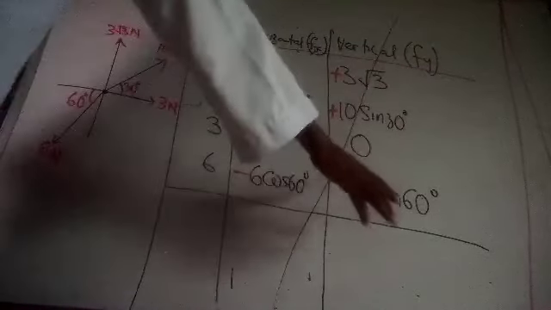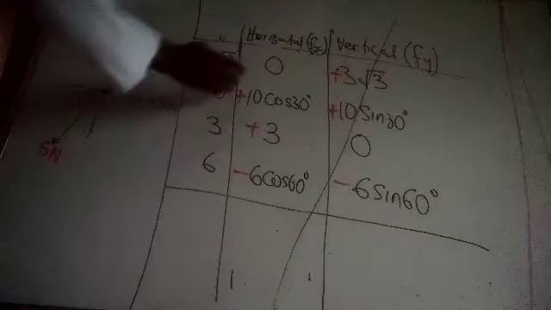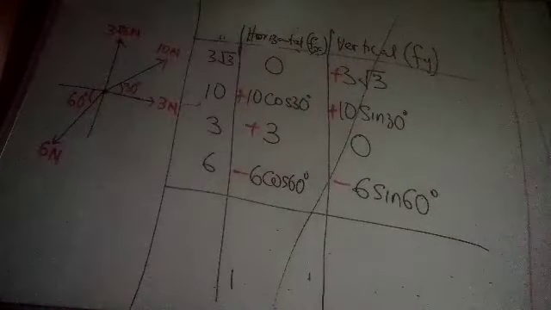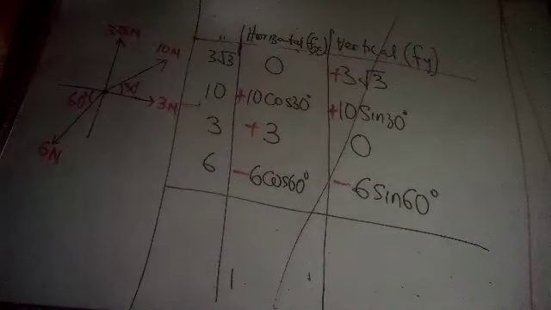So these are the resolutions on the horizontal and on the vertical. The positive and the negative signs, as I explained in the last video, have to do with the direction. You will understand everything by the time you have studied the last video before you watch this.